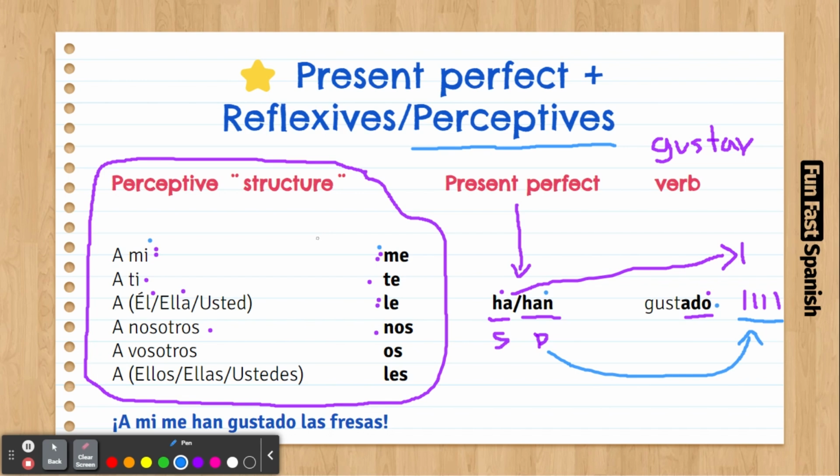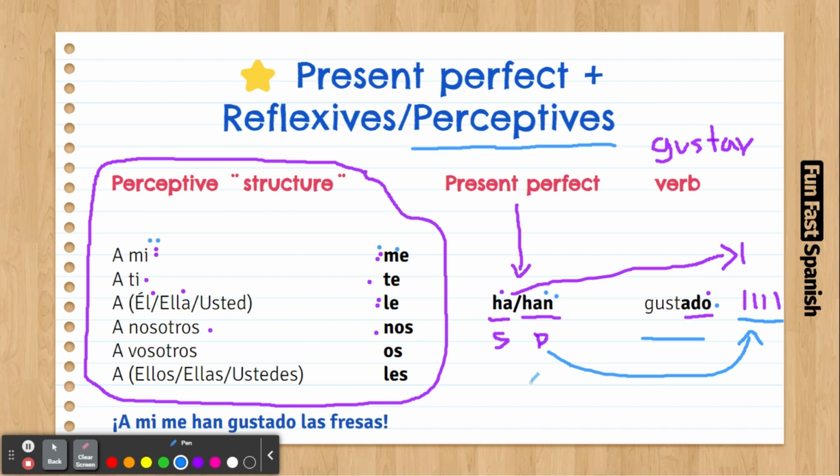But let's say I have loved the burgers. So encantar, a mí me encanta. I will say, a mí me han encantado las hamburguesas. Because burgers are plural, we are going to put an here, and so on.